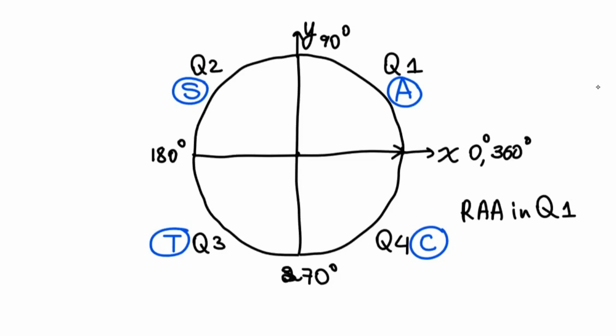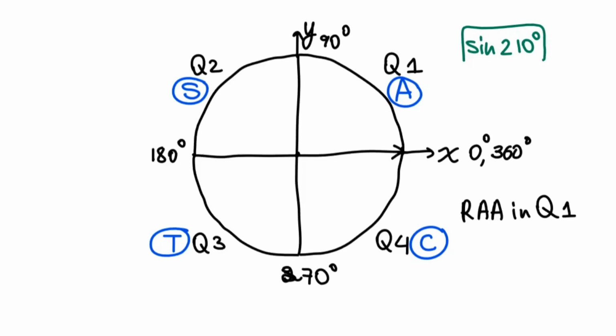Now let's see how we can use all of the information that we have just learned to determine the trig ratio of one of the principal angles. Say I want to determine the sine ratio of a 210 degree angle.